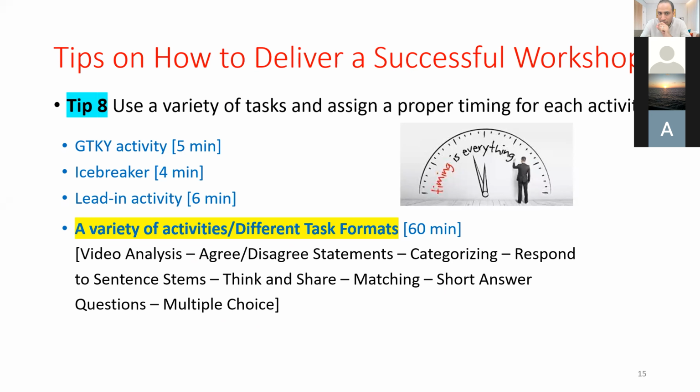The last objective was about the different types of input that you can use and the different task formats. You can give them a video and then ask them to comment on it, or give statements and ask them to say agree or disagree. I did this in one of my TEFL TESOL sessions.